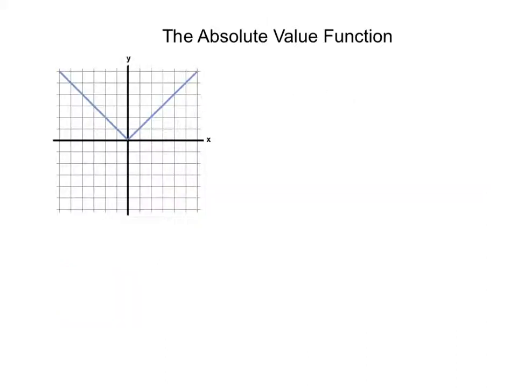One particular piecewise function is the absolute value function. The absolute value function is where y equals the absolute value of x, or f of x equals the absolute value of x. What's interesting about it is that it is actually a piecewise function.